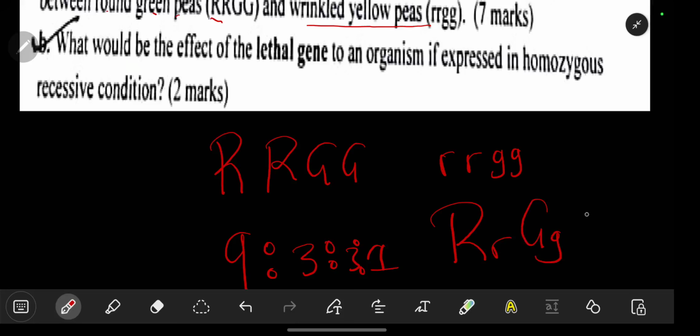If you cross this with itself, this is the only way you can get the phenotypic ratio of 9 to 3 to 3 to 1.